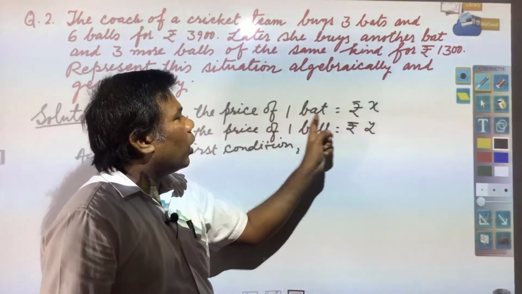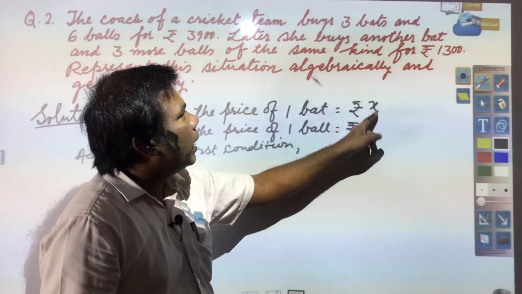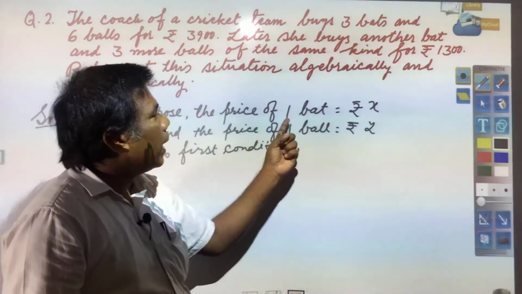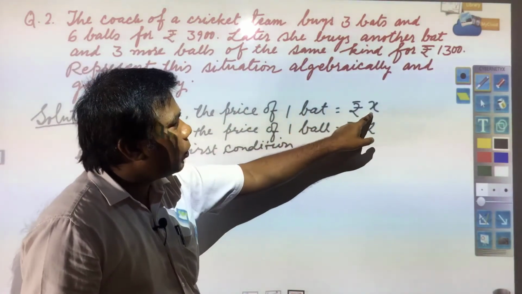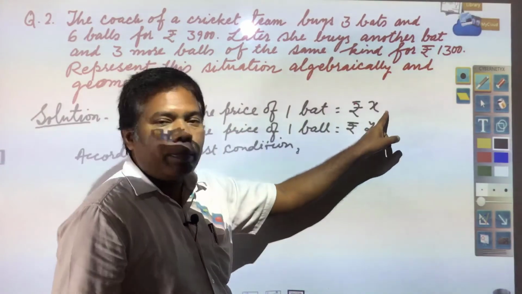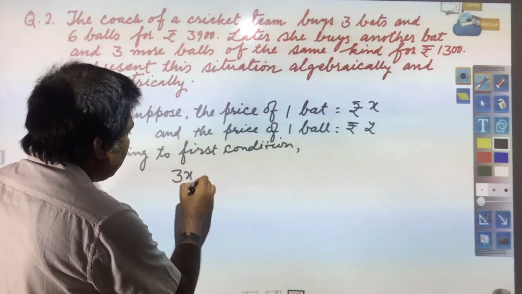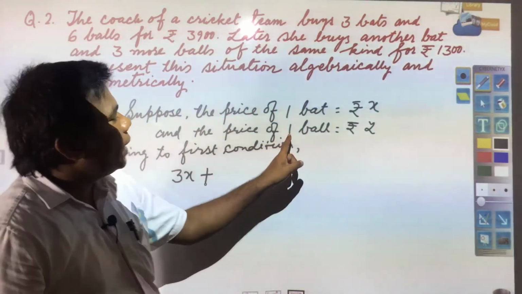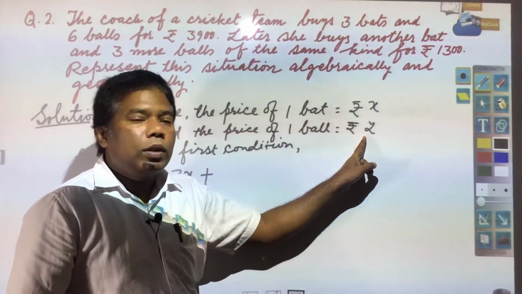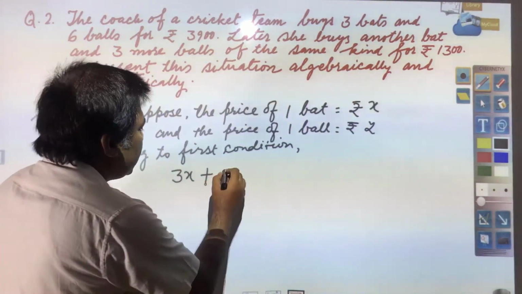Price of one bat is x rupees, so price of 3 bats will be x into 3, that is 3x rupees, plus price of one ball is y rupees, so price of 6 balls will be 6y rupees.